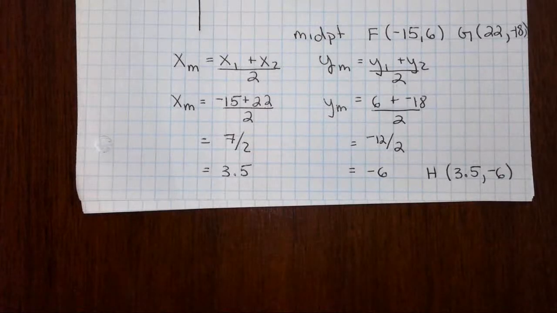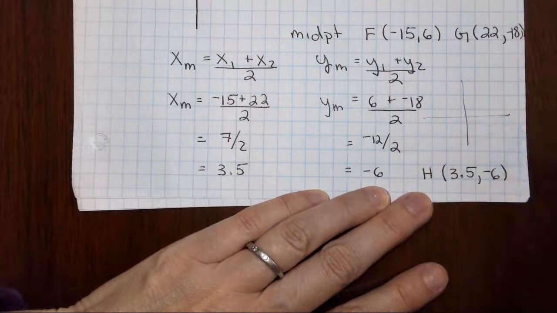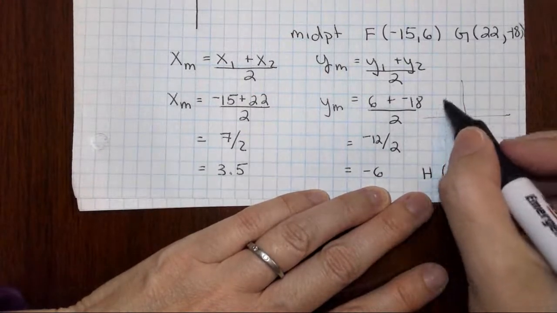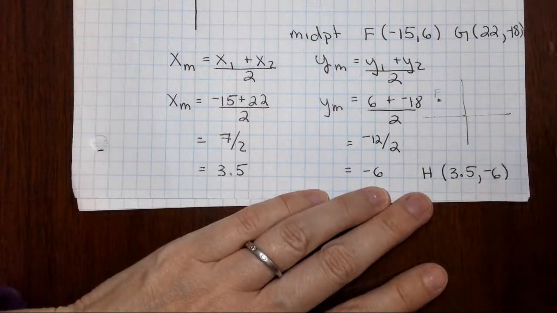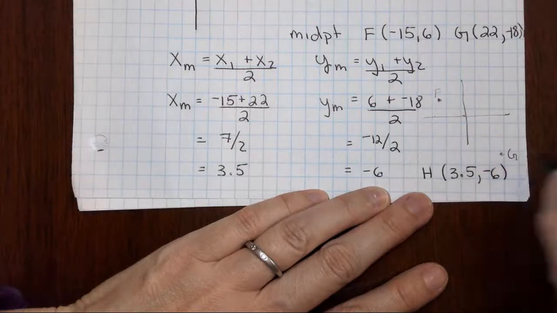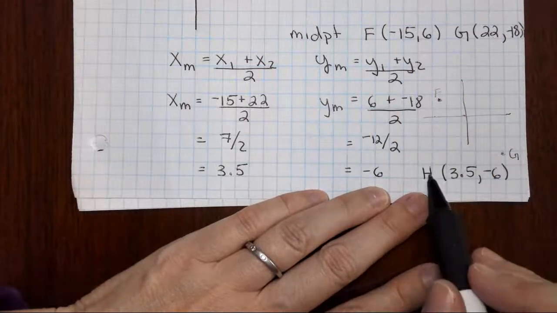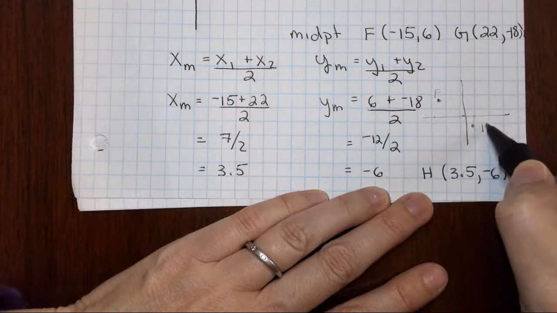Stop, and does that make sense? Think about how, if I have this sketch, I know that (-15, 6) is about here, somewhere. G is (22, -18), somewhere. H is (3.5, -6).